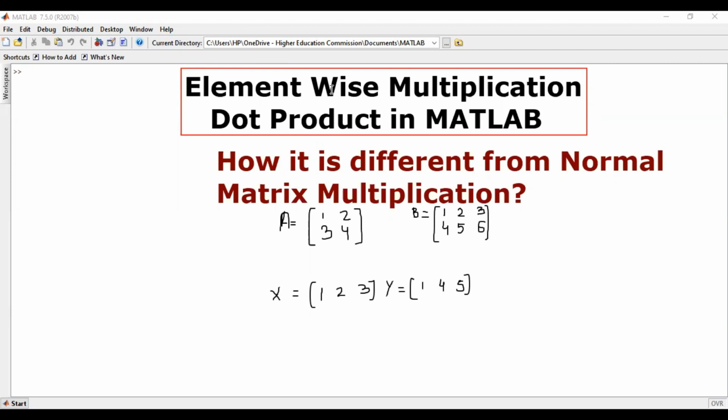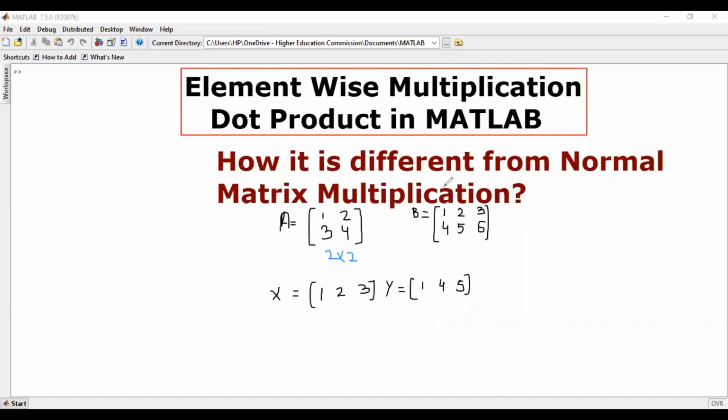And for that purpose, I have considered two different matrices. For example, let's say the first matrix is A, which is basically a 2 cross 2 matrix. One can easily see that, right? That means it has 2 rows and 2 columns.